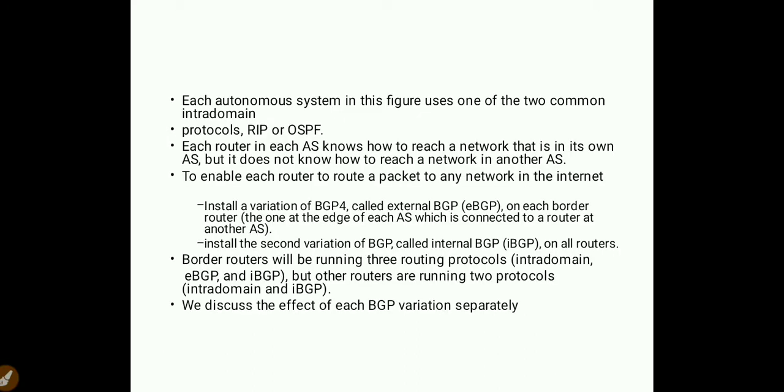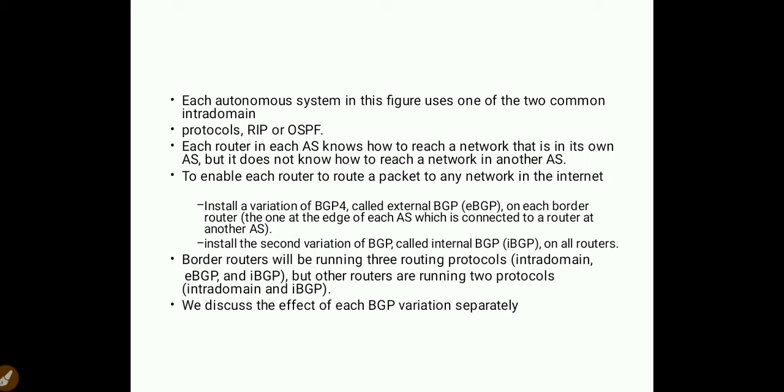All the protocols we have discussed under intra-domain routing, RIP and OSPF, are used only for communication within the autonomous system. Now we want to communicate outside the autonomous system, or between any two autonomous systems. For this there are two versions inside BGP4.